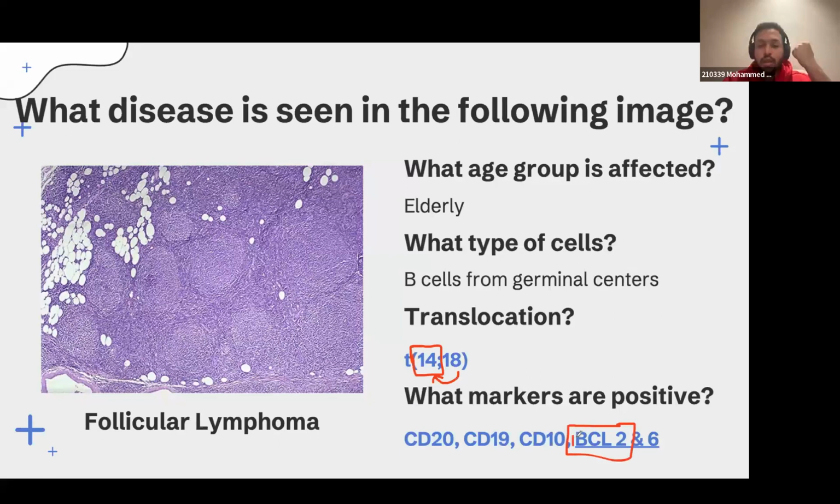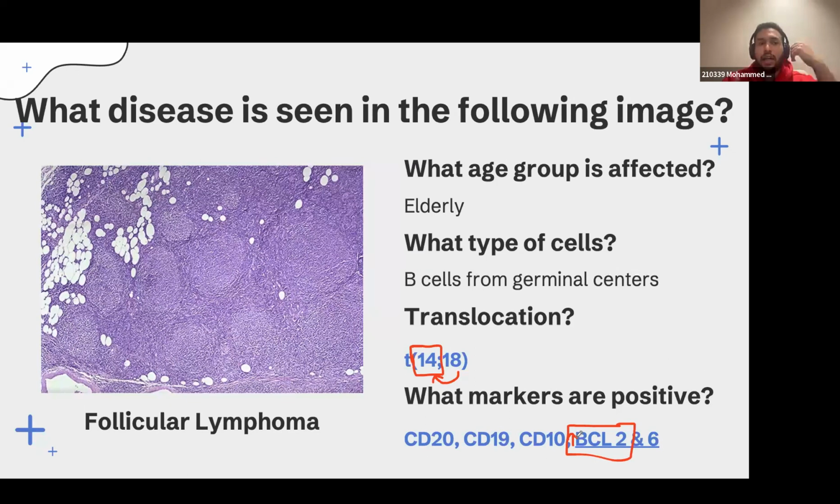Now, usually in all cells, that's normal. You want to have BCL2 because it inhibits the mitochondria from releasing cytochrome C, which causes apoptosis. But it's not overexpressed, it's not normal to have high amounts. What I'm saying is, specifically in the lymph nodes and the follicles, you do need apoptosis.